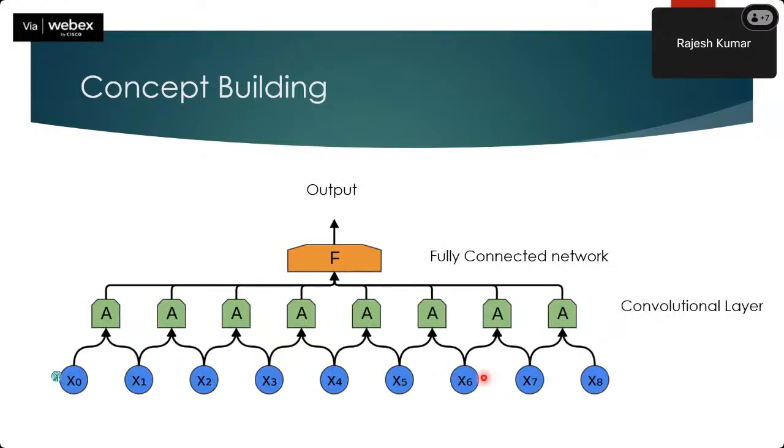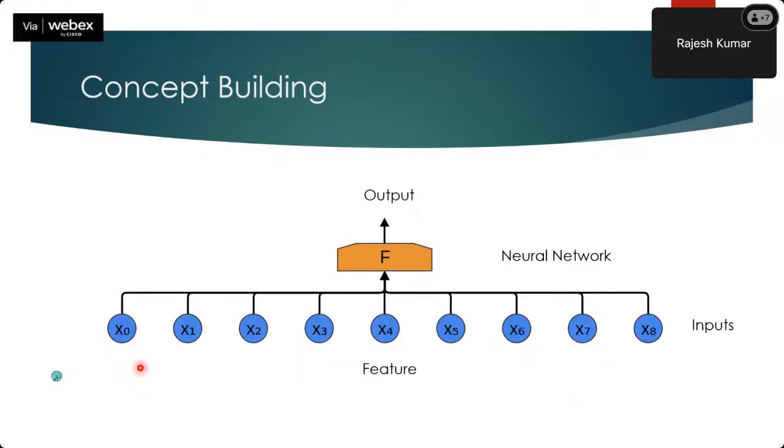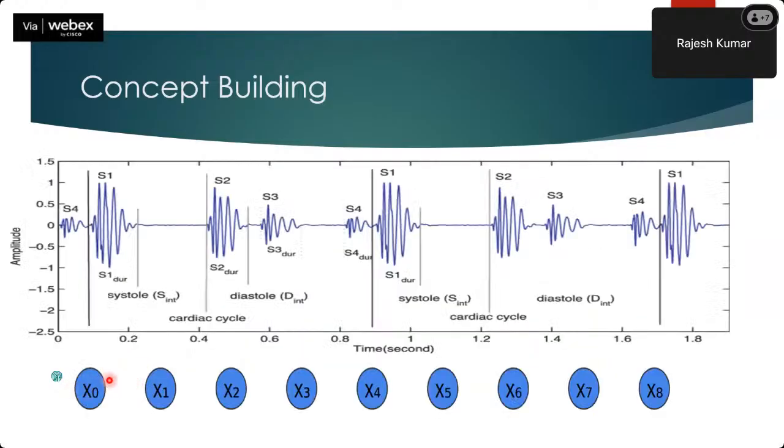So can we combine these? Because we know that x0 and x1 are near to each other, and x1 and x2 are near to each other. If they are near, that means they have some kind of connectivity between them.